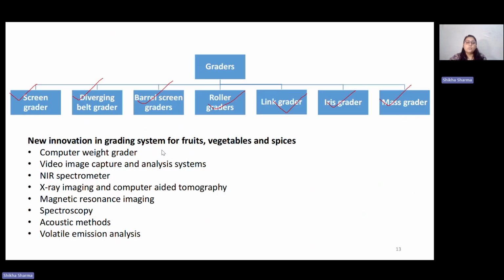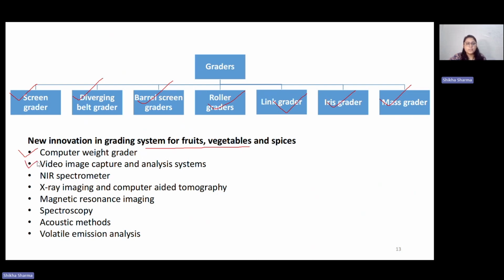And the new innovations in the grading of fruits, vegetables and spices are like the computer weight grader, which classifies based on weight but with computer systems or software included.